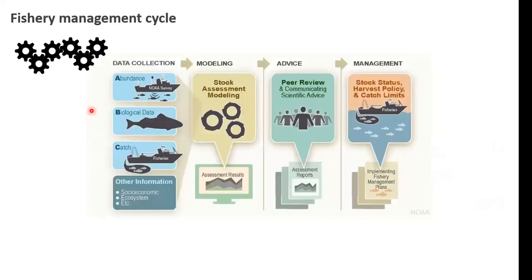So just to remind everybody of the different components of the fishery management cycle, I stole this graphic from NOAA here. We have these 4 different components, including data collection. This would be going out on surveys and ending up with indices of abundance, things like that, collecting biological data, because for at least the more complicated stock assessment models, we need to know things like the length at age or weight at age, etc. And we of course need to have an idea about what the removals are.